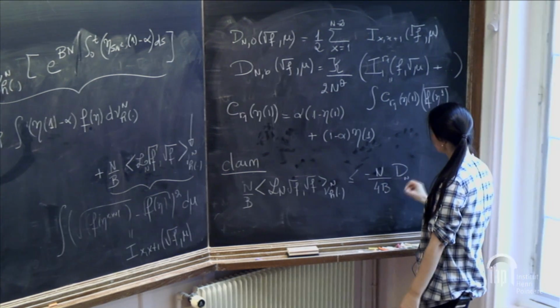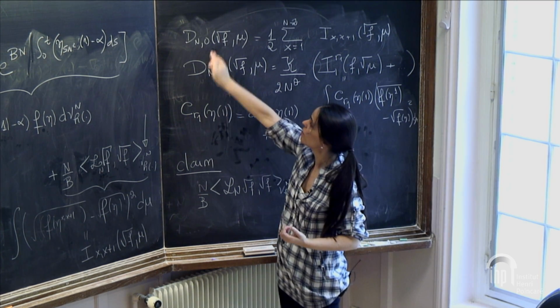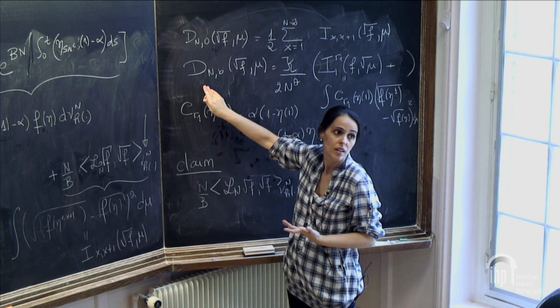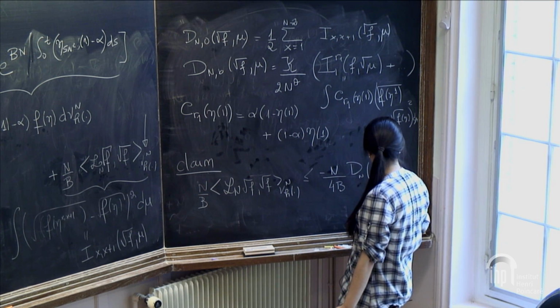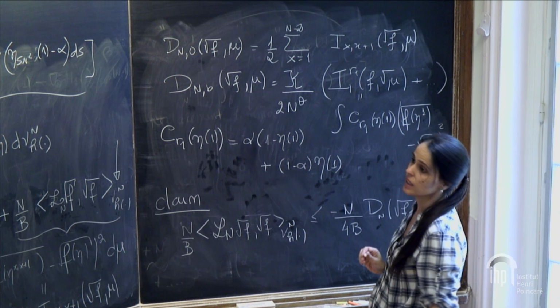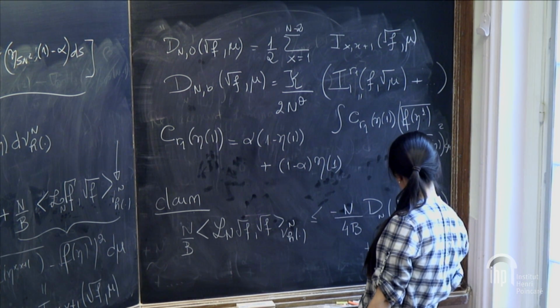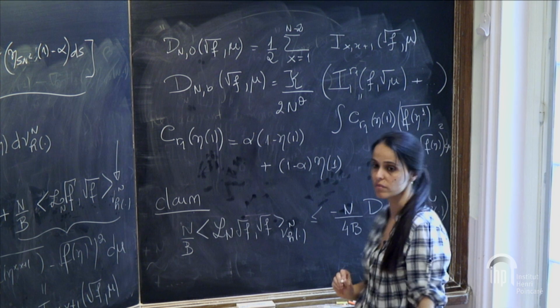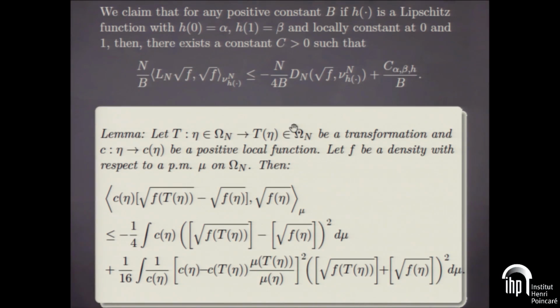D_n is the sum of the two false Dirichlet forms. So it is this one, nu_n, h, plus an error. And you see again that this error is good for us, because I said that we could not have an error of order b.